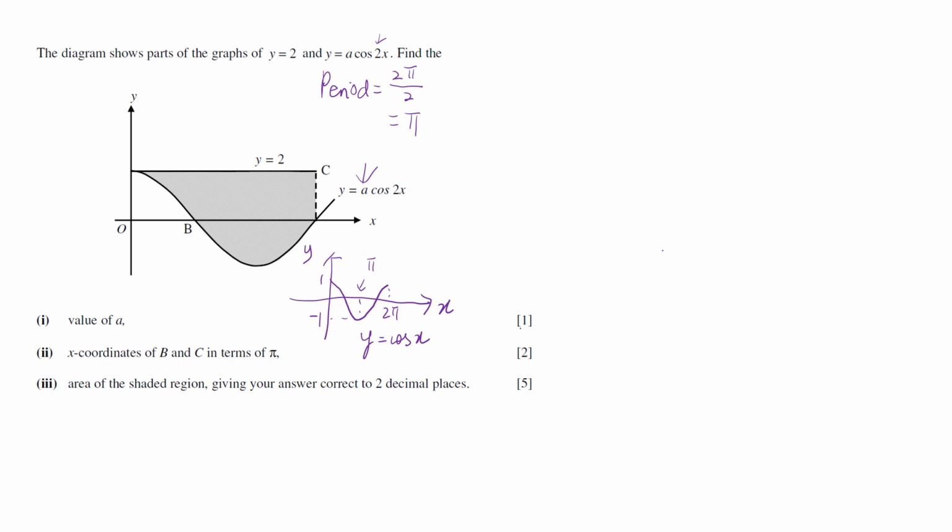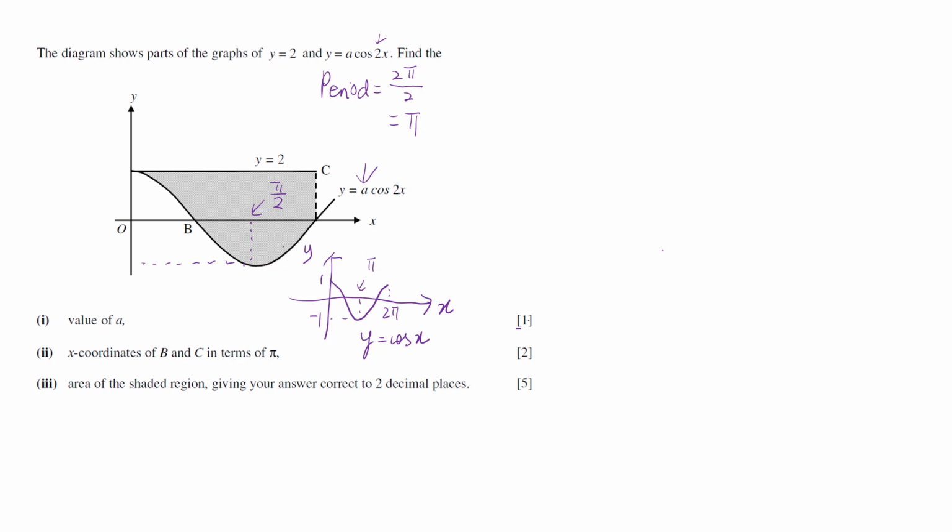So the period is pi. If the period is pi, then the lowest point, to get the minimum y value, has an x coordinate of pi over 2 instead of pi, because your period has shrunk to 0 to pi. So compared with y equals cos x, it's no longer pi giving you -1; it's pi over 2 that gives your minimum y value.